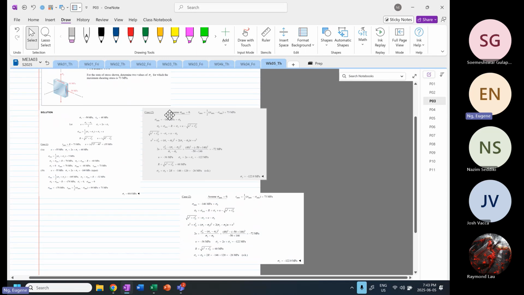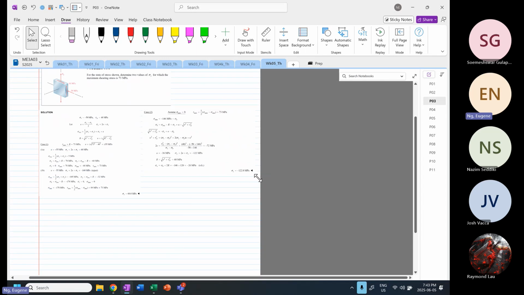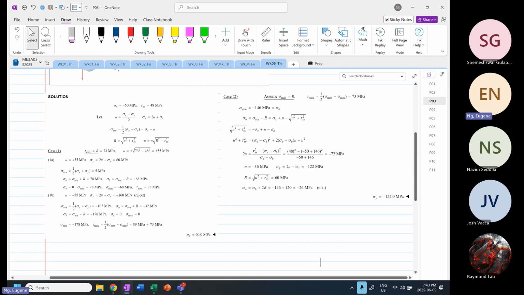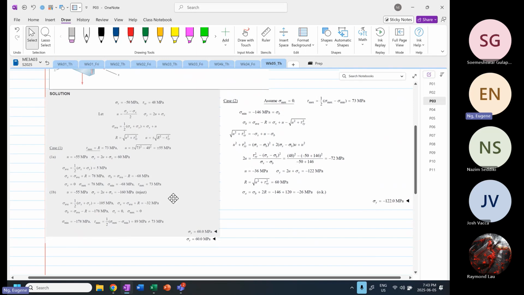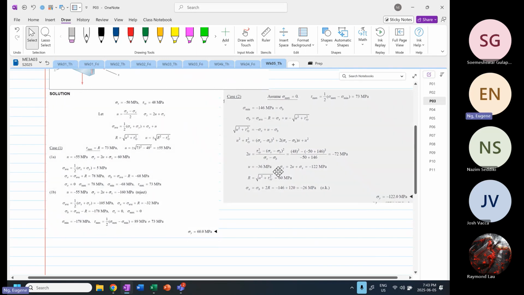Going from left to right, you look at the solution, they are forming so many equations. So when I post the solution, don't try to figure out what's going on from the solution.